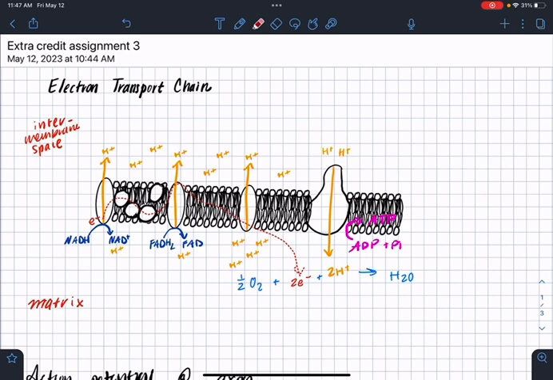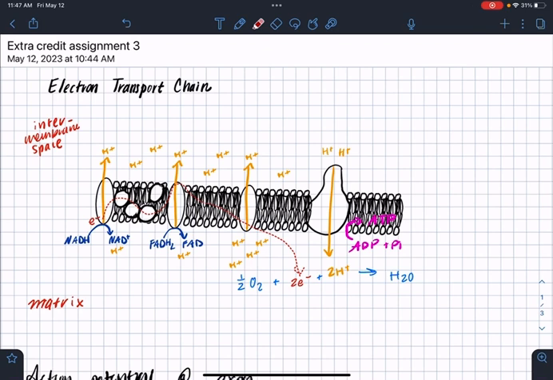In the matrix, we have some substrates. We have 3 NADH plus H's, which are right here. And then we also have 1 FADH2. Those are right here.